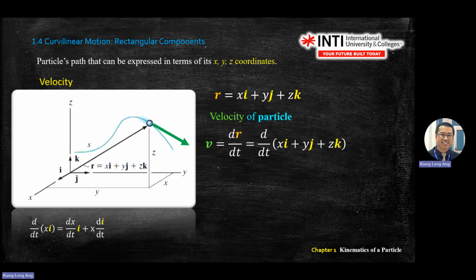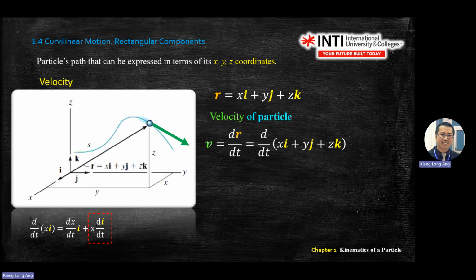When you do the chain rule like that, the last term, the i, is a unit vector and its magnitude is always along x. Since it is always along x, this becomes 0 because it doesn't change over time, right? This i doesn't change over time. It's always pointing this way in the x direction.